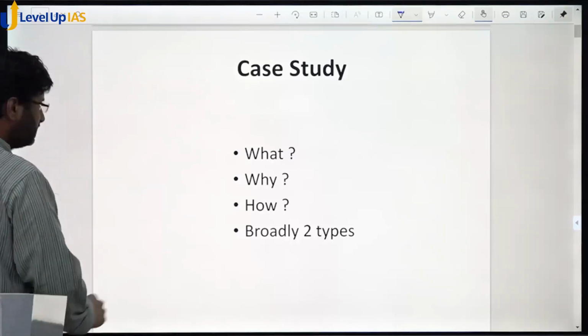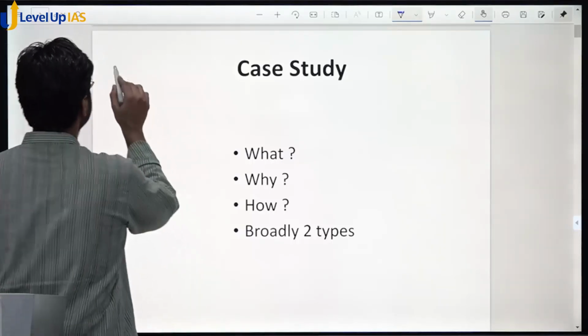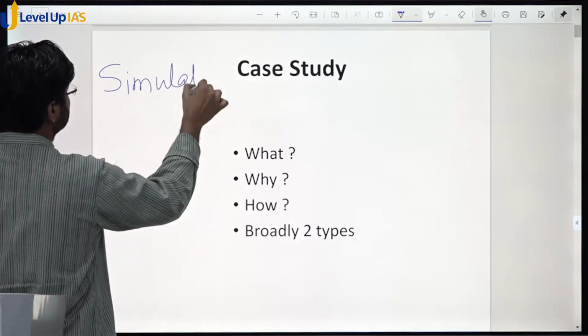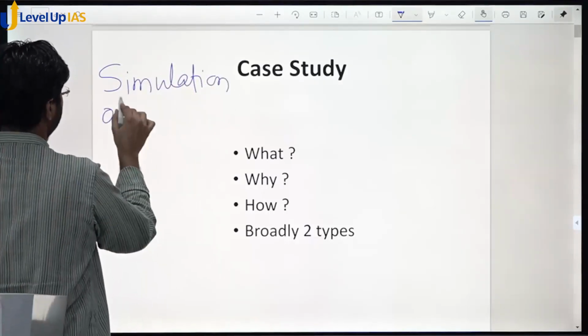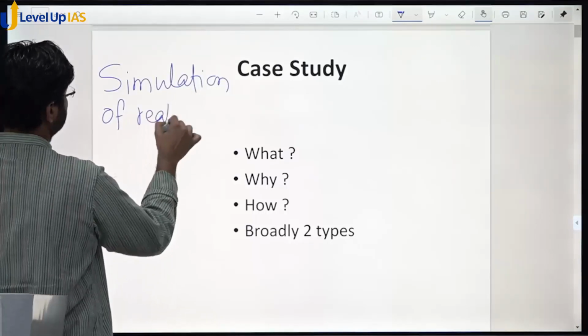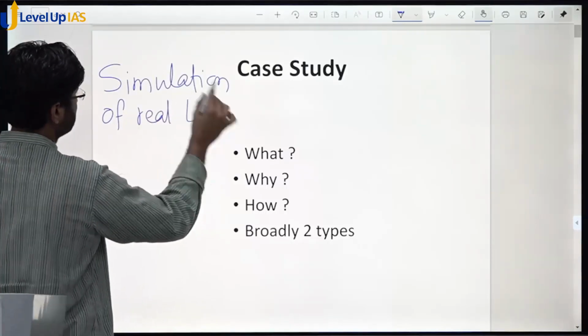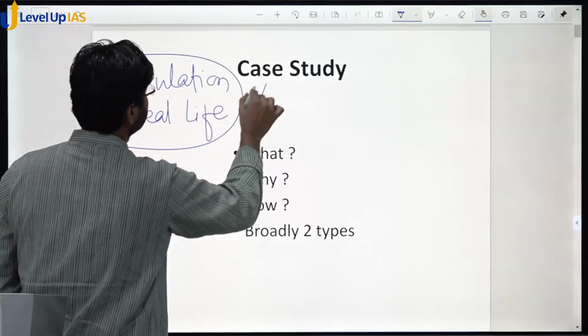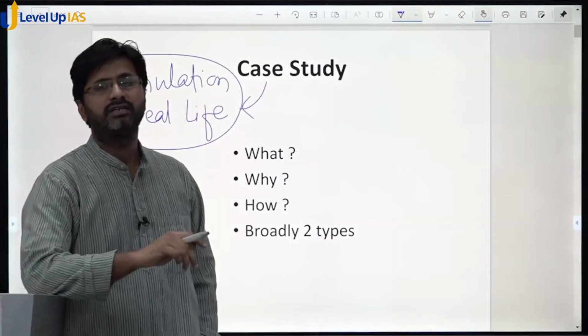So each case study is nothing but a simulation of real life. Please try to understand this. This is very important for you to understand: every case study is a simulation of real life.